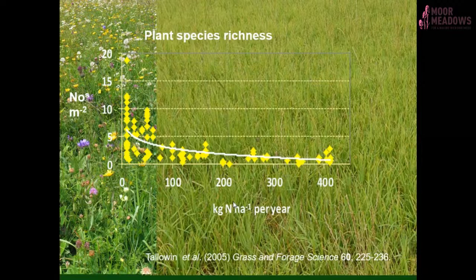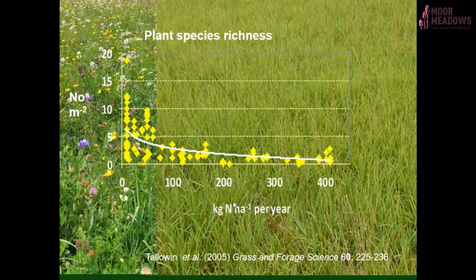And along the bottom axis is the total amount of nitrogen fertilizer, but also including atmospheric inputs as well, that the grasslands were receiving. And you can see very clearly that below 50 kilograms per hectare, that is where you get your most species rich. And in fact, the most species rich meadows occur at very low levels of nitrogen inputs.